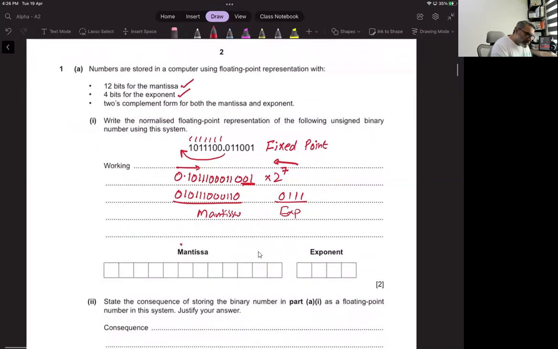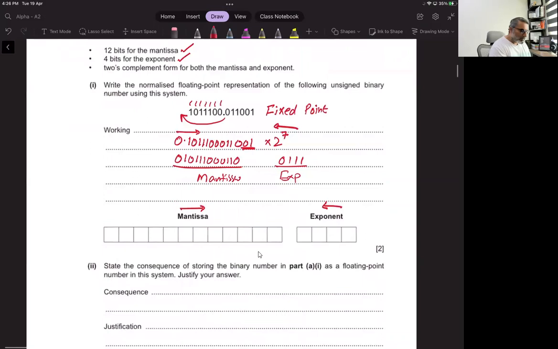We fill mantissa left to right and exponent right to left. Remember that. So 0, 1, 0, 1, 1, 1, 0, 0, 0, 1, 1, 0, and 0, 1, 1. We have actually dropped these 2 bits. Why? Because of the less space.